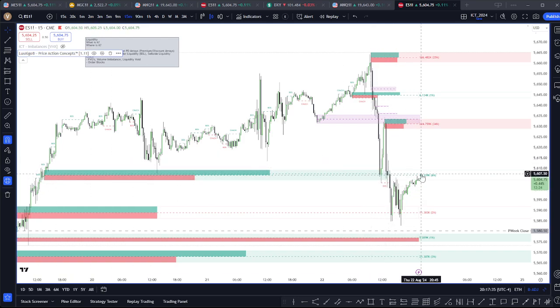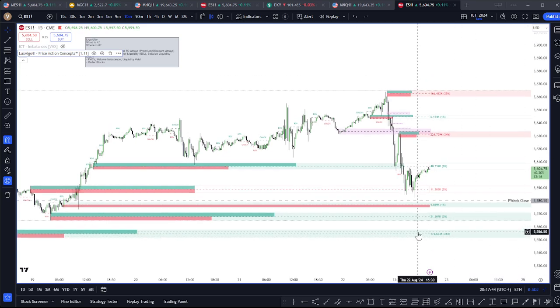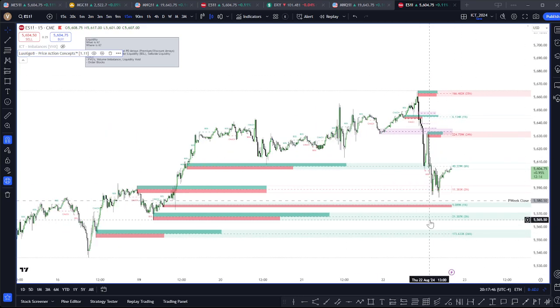It came here, and they're saying it's around 40K orders. So for example, here this is 173K orders, right? That means a lot of orders got executed in this region.